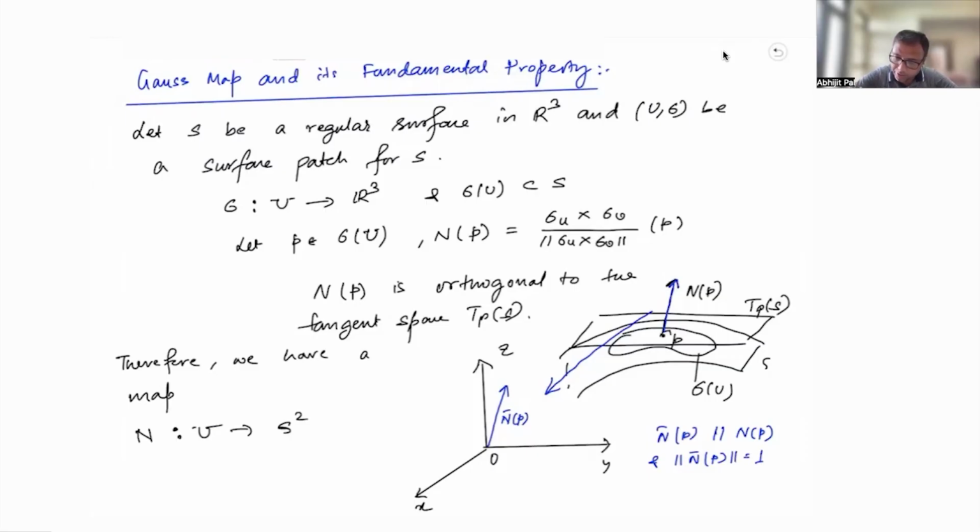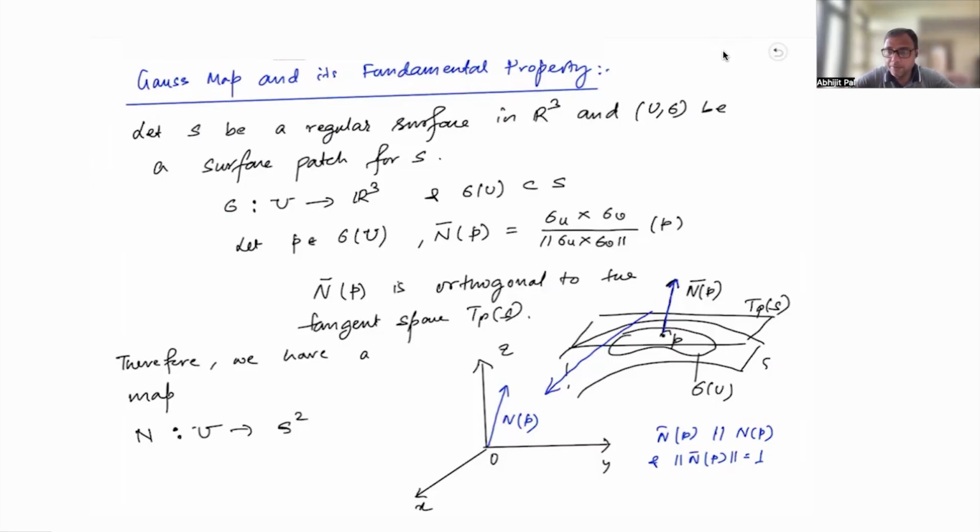For the sake of notation, let us first take this to be my n bar, and after translating, let this be my N_P.